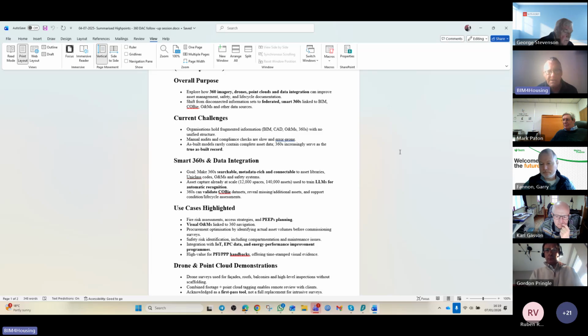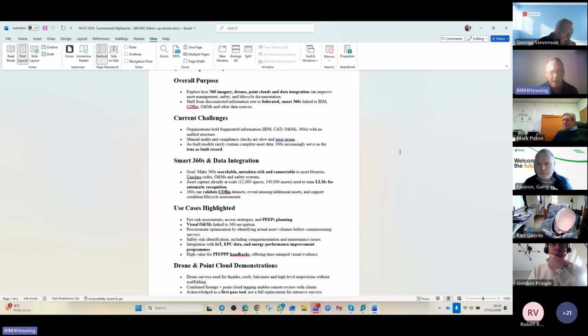So the purpose of the meeting was to look at how 360 imagery, drones, point clouds, and data integration can improve asset management, safety, and lifecycle documentation. A shift from disconnected information sets to federated smart 360s linked to BIM, COBie, O&Ms, and other data sources.